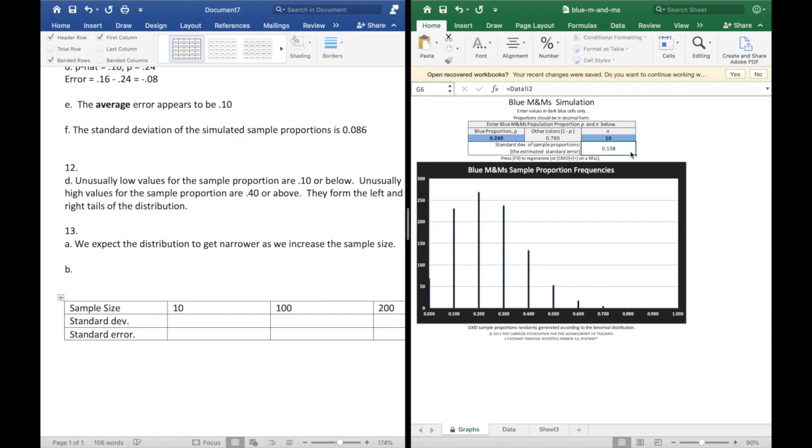It appeared to get really, really wide. So what would be the standard deviation of the sample proportions? It says it right here. It's 0.138. So I'm going to put 0.138 right here.